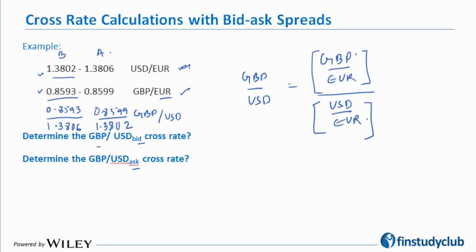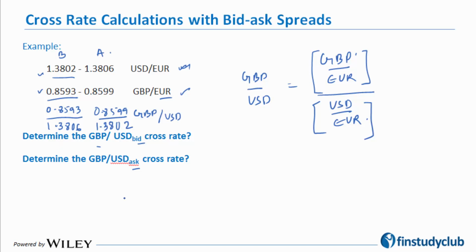Alright, now why should this be so? I think the mantra that you're going to keep in mind is that you are trying to find out the bid as well as the ask rate, that of the cross currency exchange rate, which is GBP USD. Now the idea should be to arrive at a bid which is going to be as low as possible.